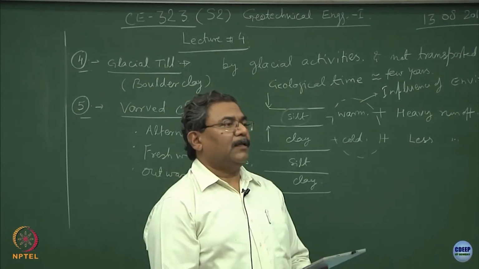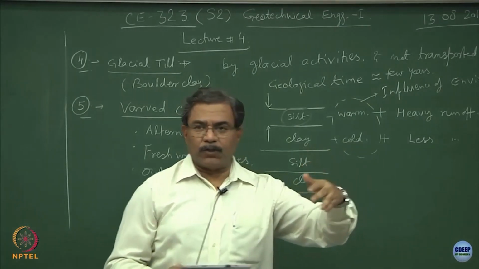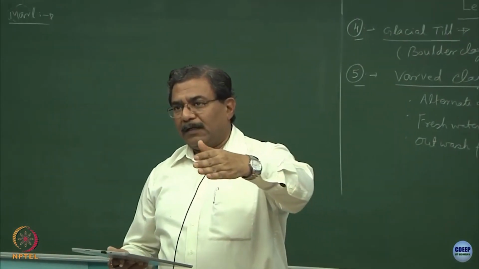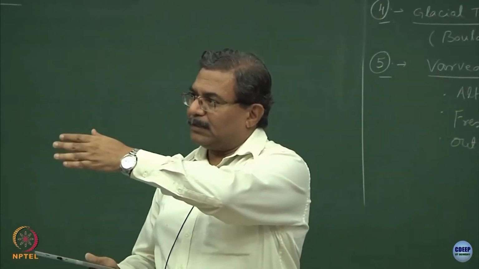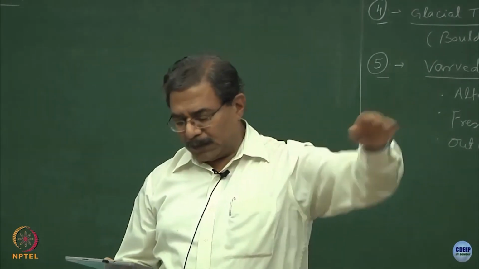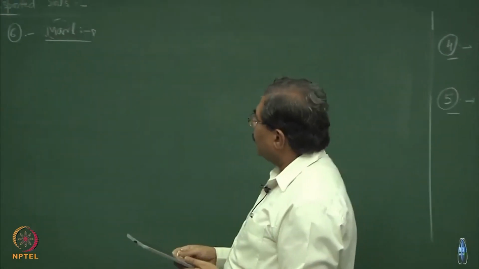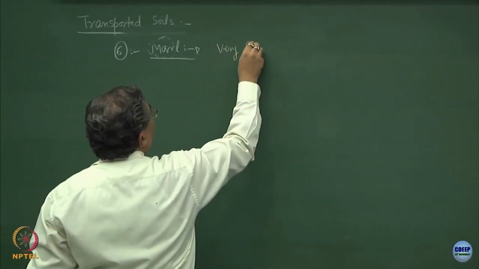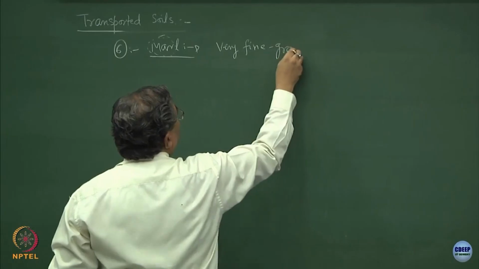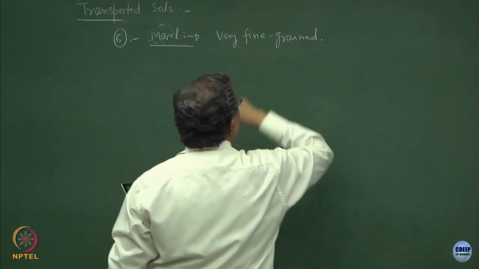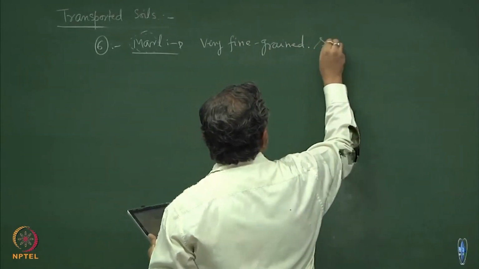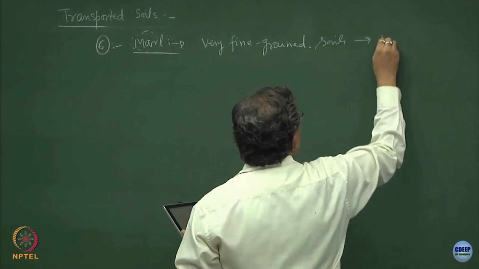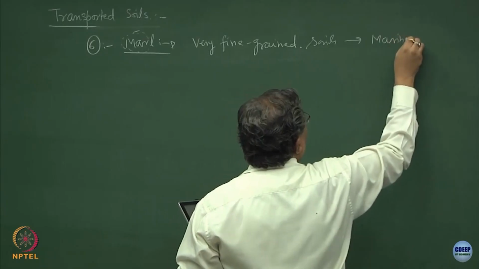The Bombay region is a marine environment, alright. Wherever you have a coast, wherever you have a seashore, clear. The land side is known as onshore and towards the sea it is known as offshore. So, marly soils are very fine grained materials and their origin is the marine environment.